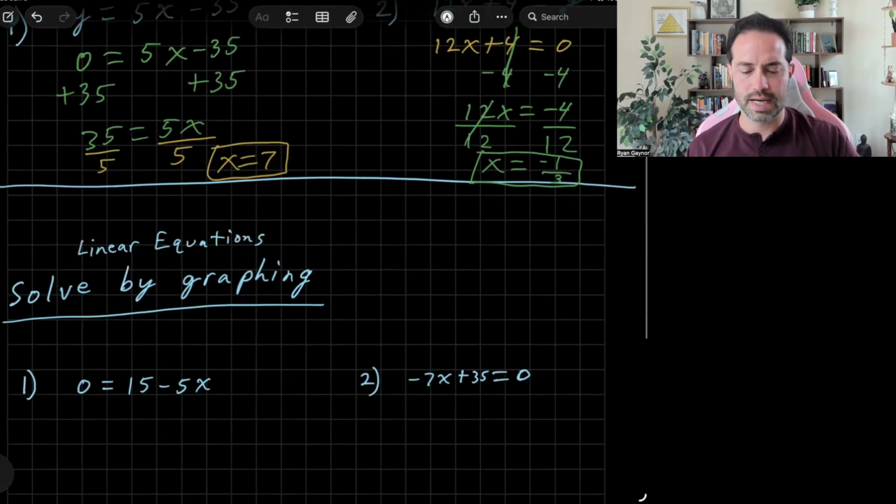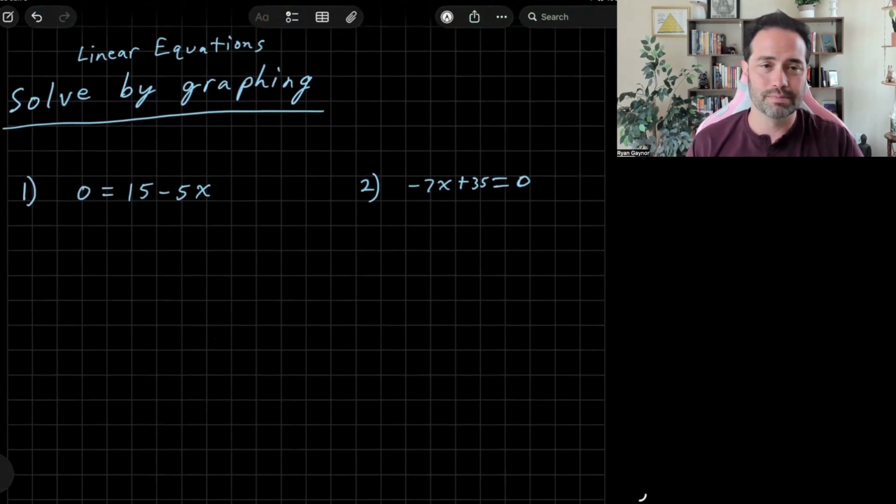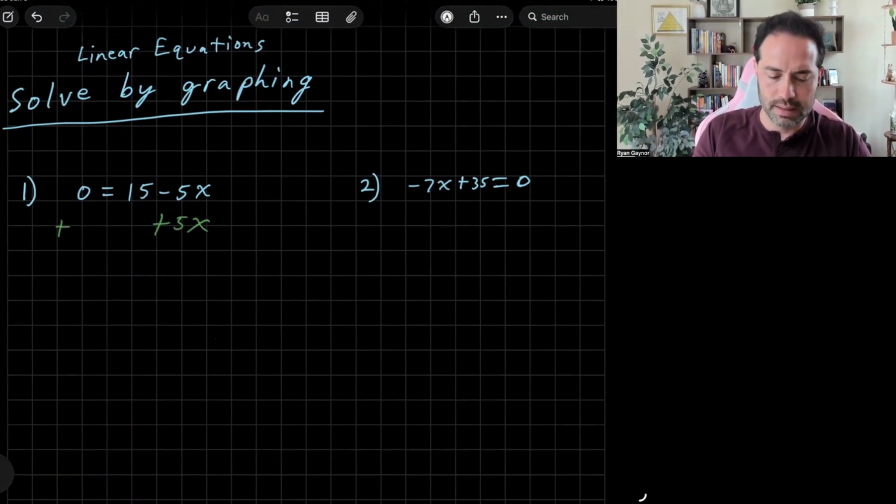Now we're going to dive into taking those and just graphing them. Right, so we have two other examples here. So again, if I find the root, right, so if I add the 5x on both sides, what they want me to do here is graph this afterwards, right?